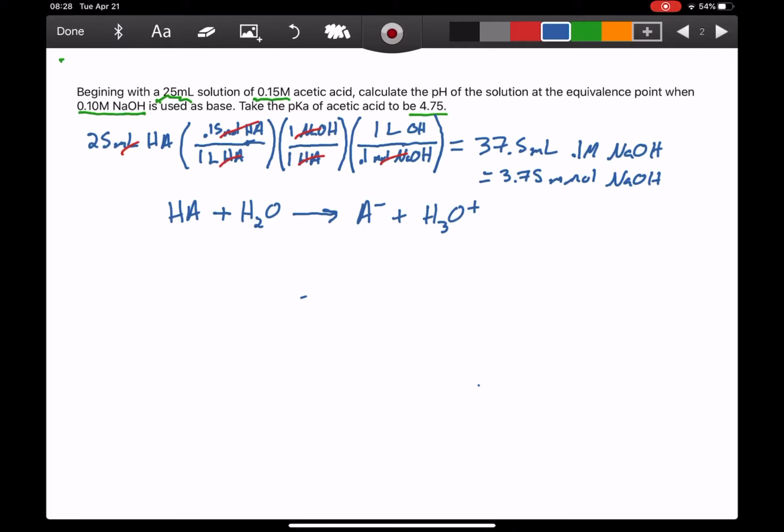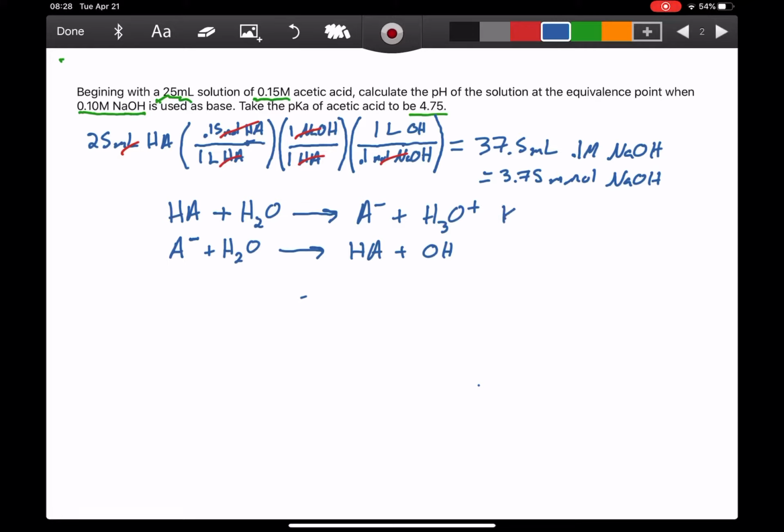Now, because we've reached the equivalence point, we have used up all of our HA in solution, which means now we're looking at the reverse reaction. What we're actually looking for is the equilibrium constant for A minus plus H2O is going to form HA plus OH. So this is what we're looking for now.